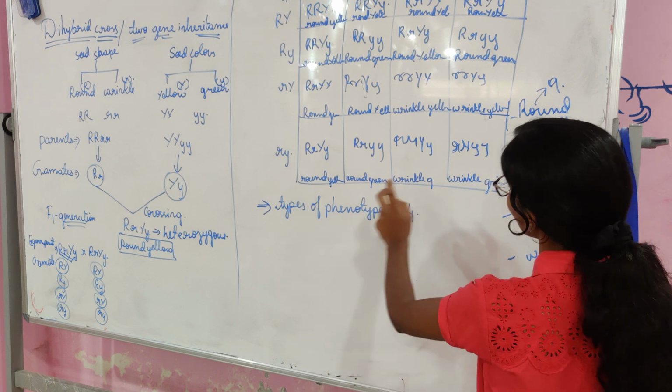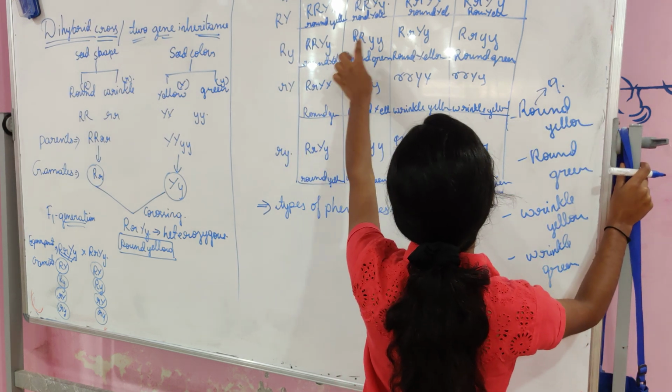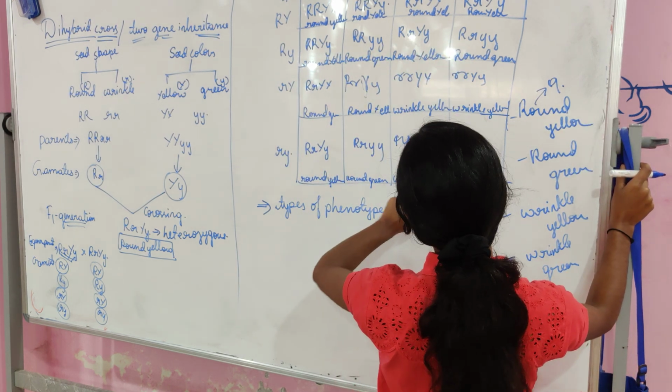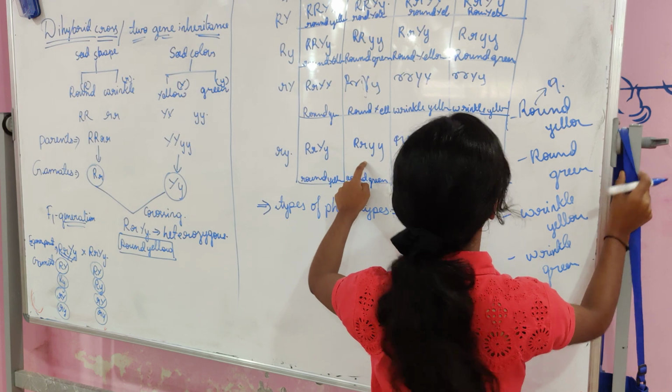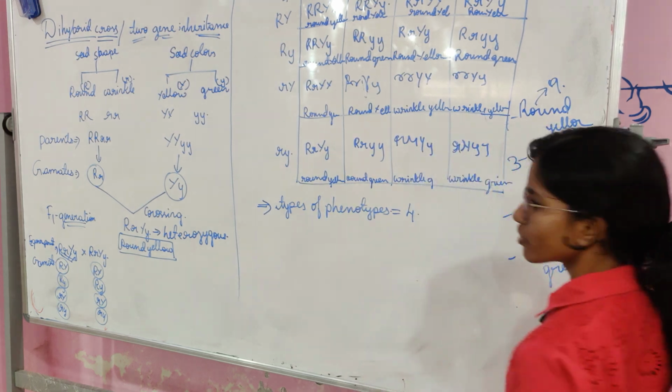And how many round green are there? Round green 1, 2, 3. Right? So 3 round green.